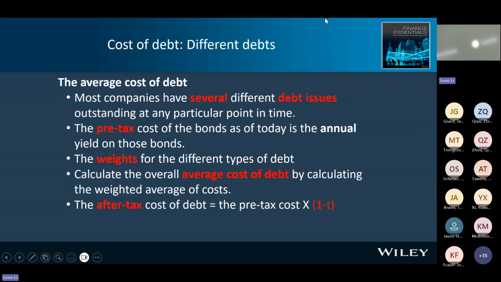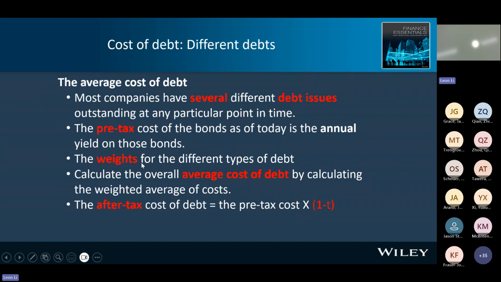So a company will use different debt. So if we have different debt, then we use the average cost of debt. So let me address this issue. Many companies have several different debt issues outstanding at any particular point in time. The pre-tax cost of debt as of today is the annual yield on those bonds.